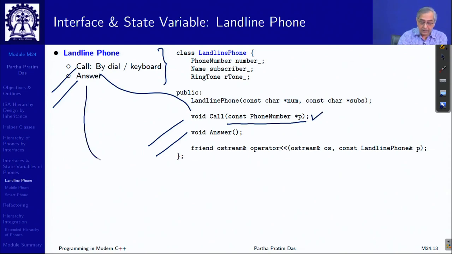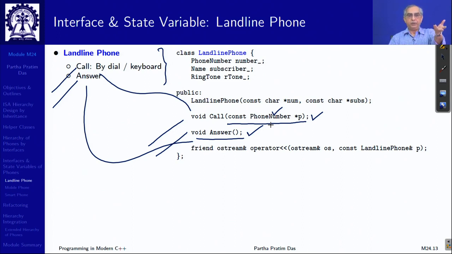Similarly, to answer, I will provide another member function which has to answer. Assume that these are just action items, so there is no return value from these. Now, since I have to make the call, I am expecting to call by the number. So, naturally, as an entity myself, I need to have a number of myself; only then can I make a call.